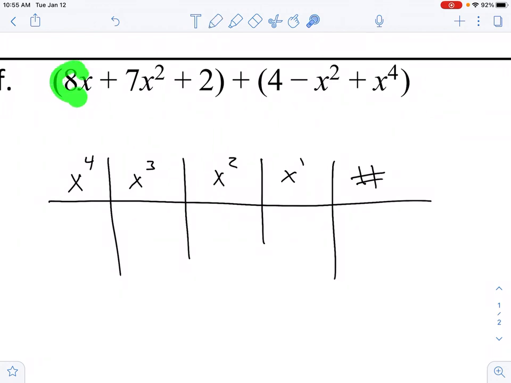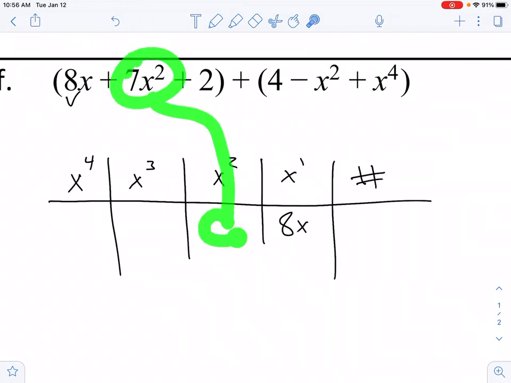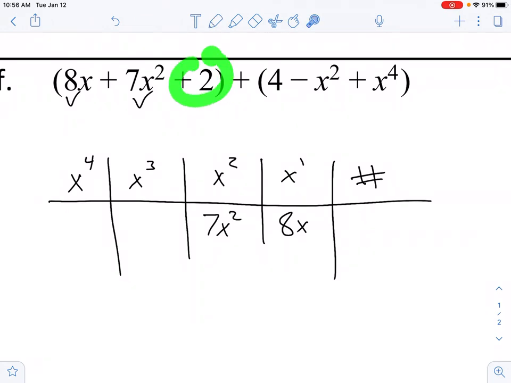So I'm going to take 8x, and 8x is going to go in this category here. Done. 7x to the second is an x to the second. Done. 2 is a regular old number, so that's going to go here. 4 is a regular number, so that's going to come in this category as well.